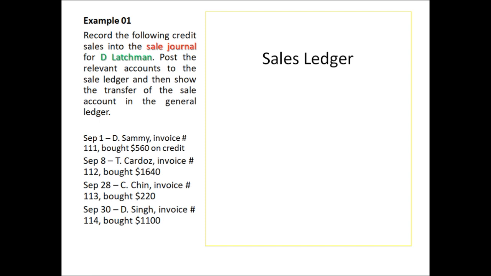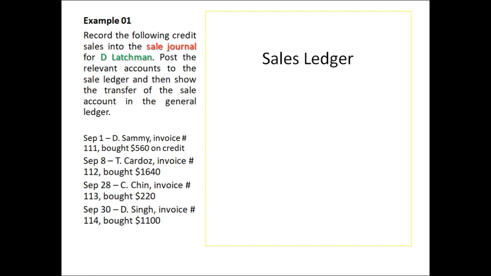Now, this is the second part of the lesson that I taught before. In the last lesson we talked about the sales journal, and we said that the sales journal is used to record credit sales, everything that a company sells on credit. In the example that we did, we needed to create the sales journal and the sales ledger and show the transfer in the general ledger.